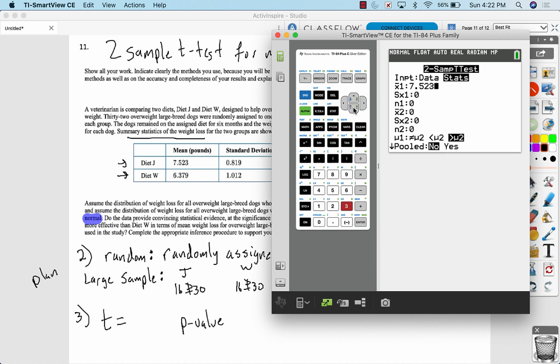You could fast forward a little bit if you want. Okay, got mean, standard deviation, data. Mean, standard deviation. But I want the first mu to be bigger than the second mu.